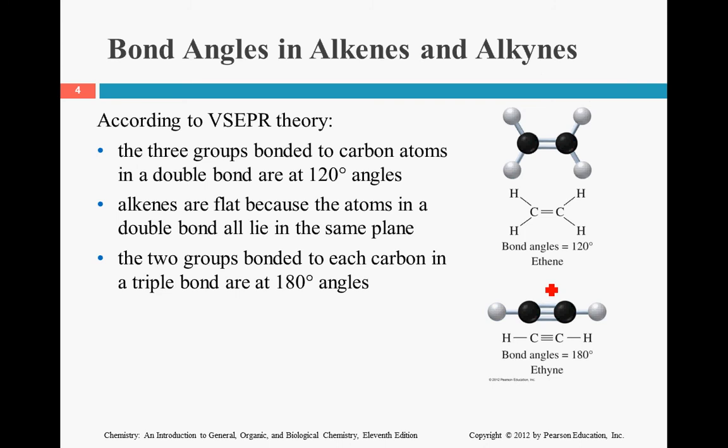So when we're looking at the bond angles of alkenes and alkynes, when we were looking at alkanes in the last chapter, there were 4 things coming off of each carbon. That gave the bonding of 109.5. Notice it's higher than 90 degrees because it's in 3 dimensions.